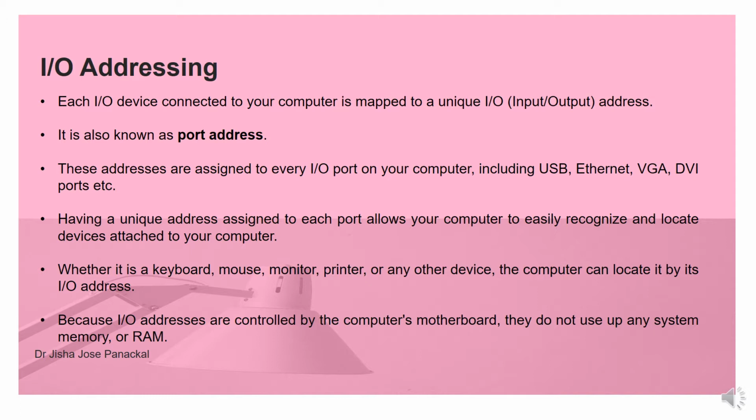Because IO addresses are controlled by the computer's motherboard, they do not use up any system memory or RAM. So these are controlled by the computer's motherboard. They are already programmed with the address of each port that is connected to the computer. So it is not using the system's memory or RAM.